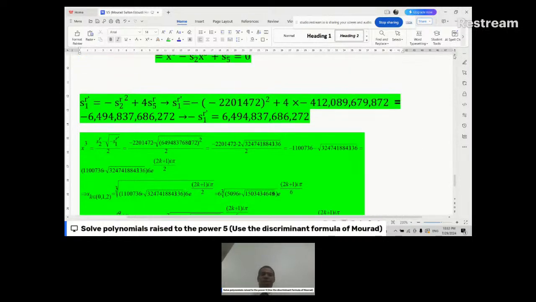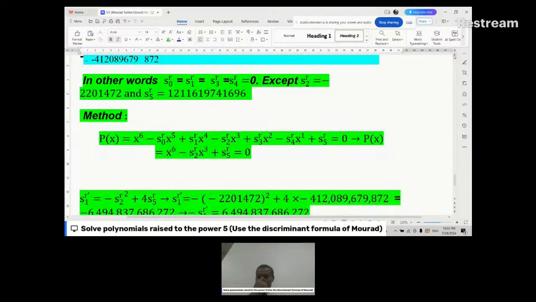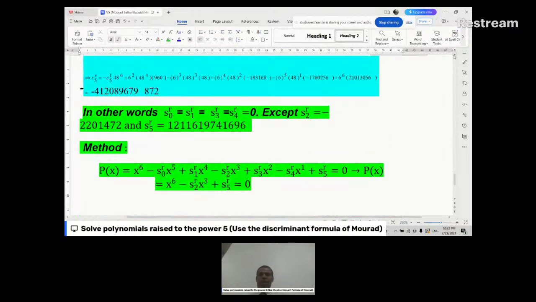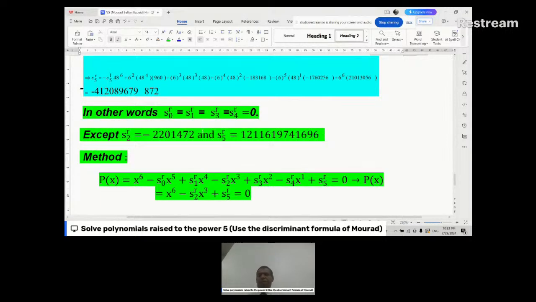After finding the values of S_{k-1} of order r, we found S0 equals 0, S1 equals 0, S3 equals 0, S4 equals 0, except S2, which is equal to negative 2,201,472.